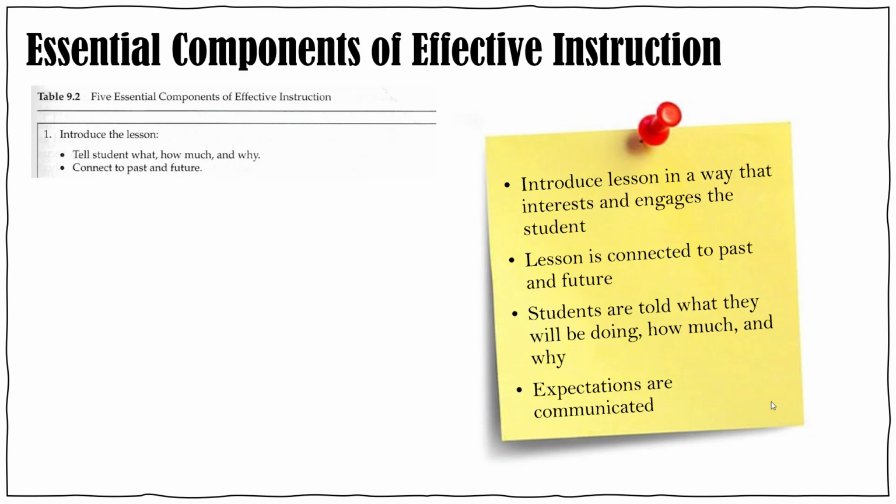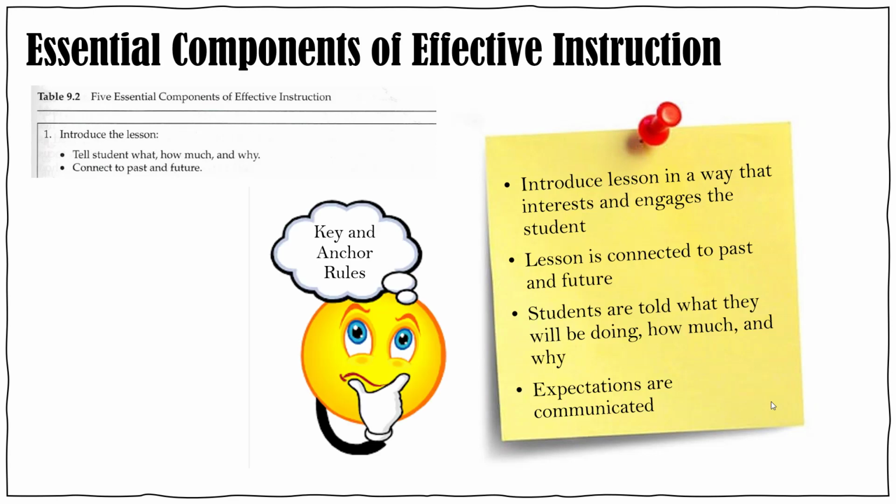And think about what you talked about in Module 7, those key rules and those anchor rules. So this is where you're going to explain that key rule or that anchor. You're going to explain your rule and you're going to connect it to, like I said, something in the past. So those key rules, anchor rules that they've already been taught, make it meaningful and connect it.